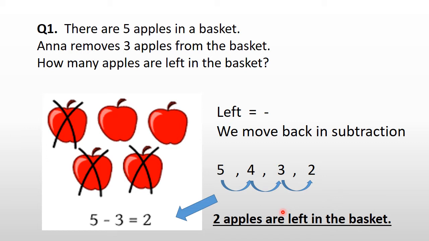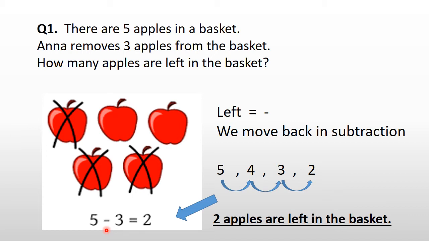So what did I do? I used the picture to solve my question, right? So how would you actually do 5 minus 3? You know that whenever left is used in the question, you need to minus. Now in plus, what did you used to do? You used to count on.